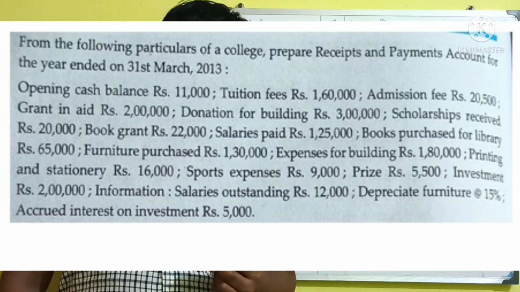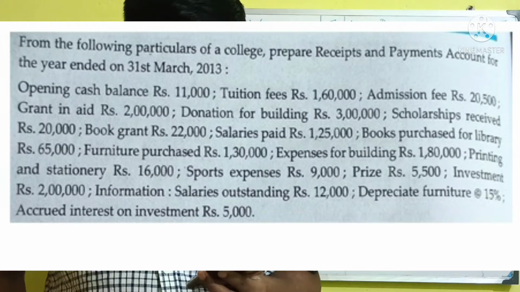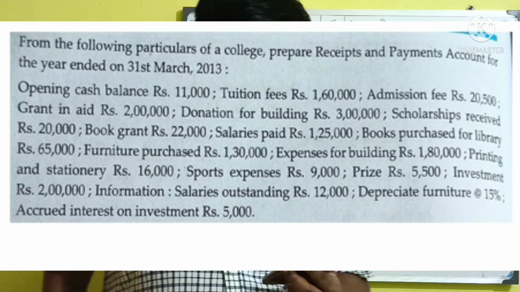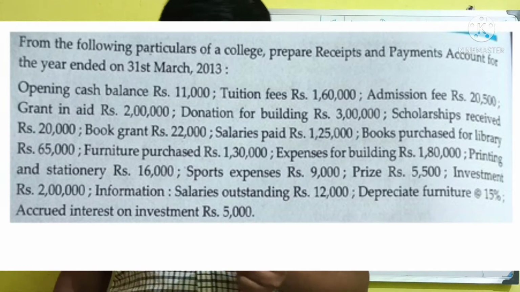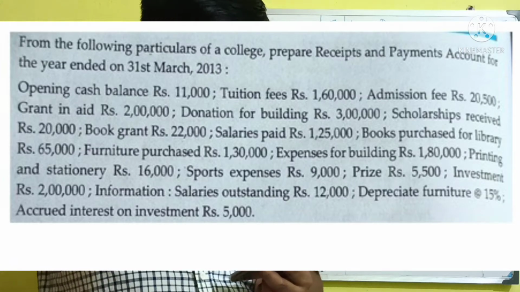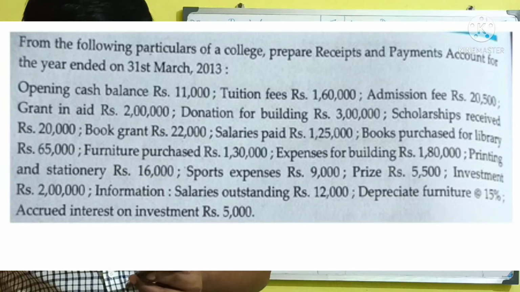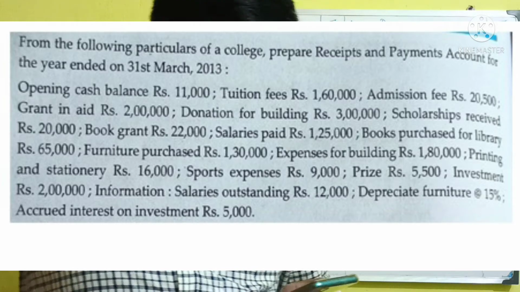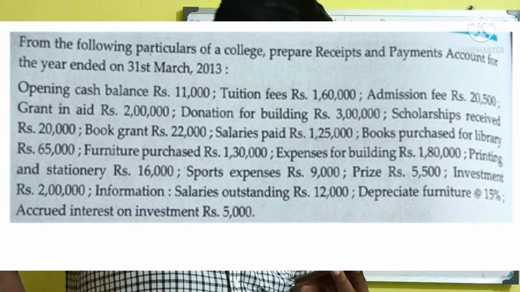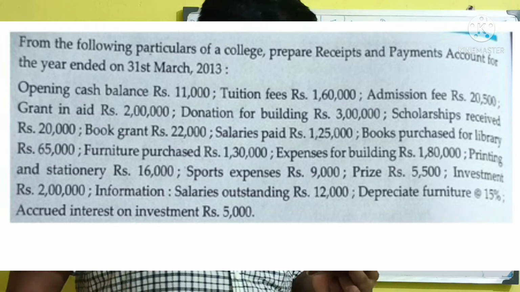It is showing the opening balance 11,000, tuition fees 1,60,000, admission fees 20,500, grant in aid 2 lakh, donation for building 3 lakh, scholarship received 2 lakh, book grant 22,000, salary paid 1,25,000, books purchased for library rupees 65,000, furniture purchased 1,30,000, expenses for building 1,80,000, printing and stationery 16,000, sports expenses 9,000, prize 5,500, investment 2 lakh, information which is showing that salary outstanding is rupees 12,000.